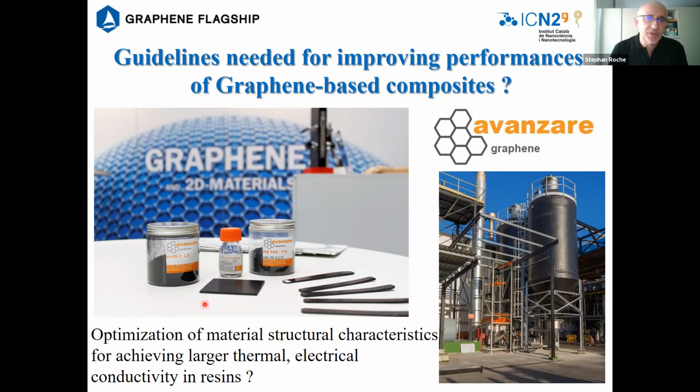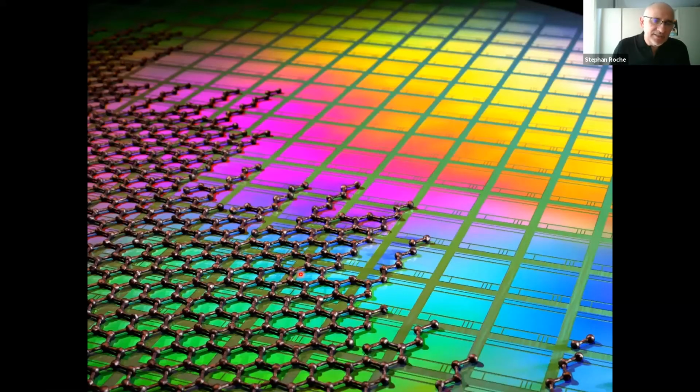This is the case I am showing in this slide of the Spanish company Avanzare, which has some requirements in terms of thermal properties or mechanical stability of the composites they fabricate, and we are trying to help them improve their materials.